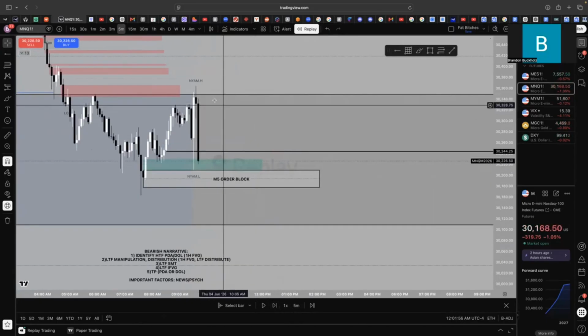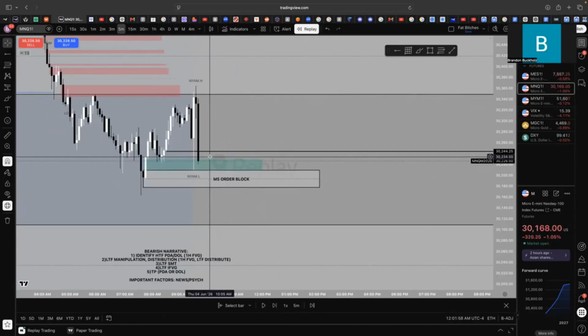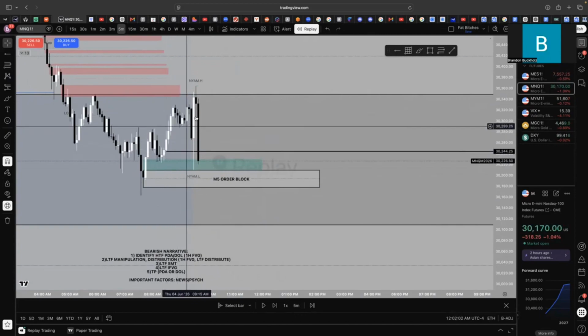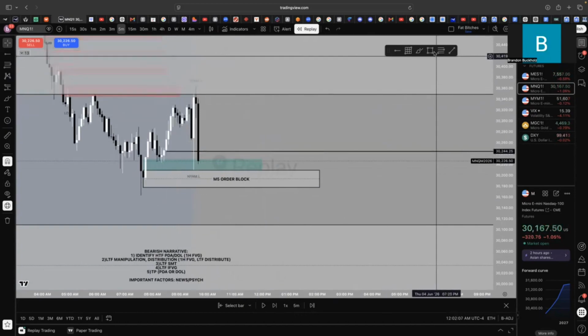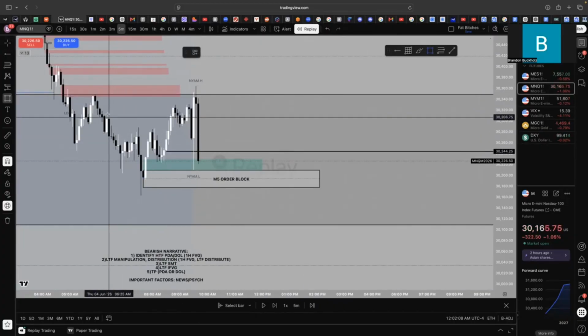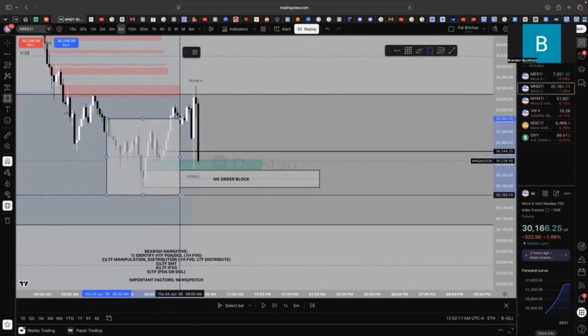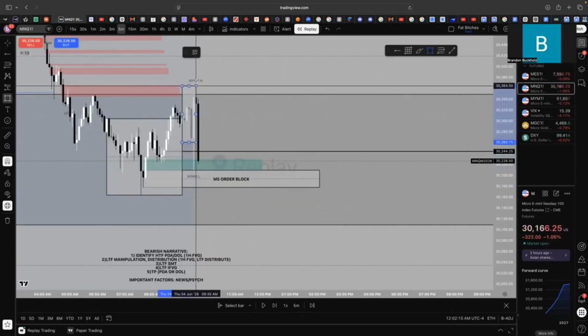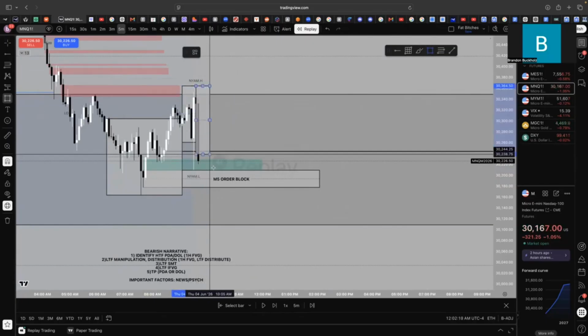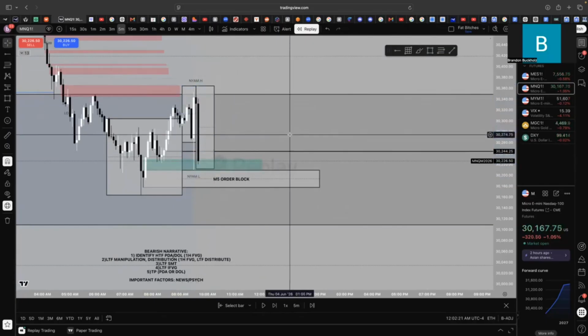As you can see, we have clear displacement out of the zone. However, we do not have any 5-minute fair value gaps in this manipulation leg upwards. As of now, we have an accumulation period. We have some sort of a manipulation. And now we are just starting to see a distribution leg starting to form.